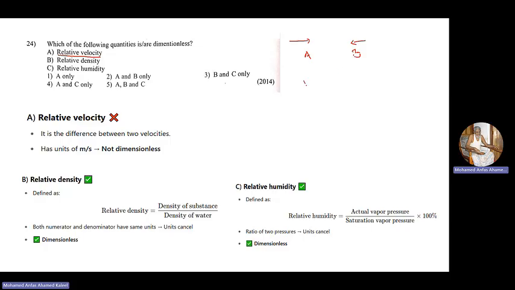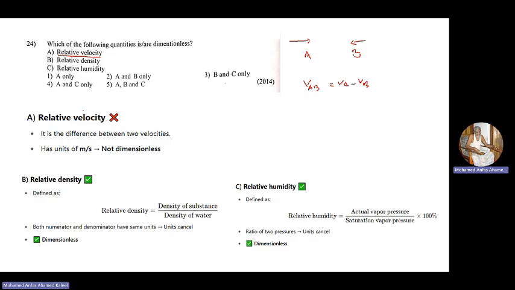For example, VAB means VA minus VB, if you take it in one direction. We will discuss that later.